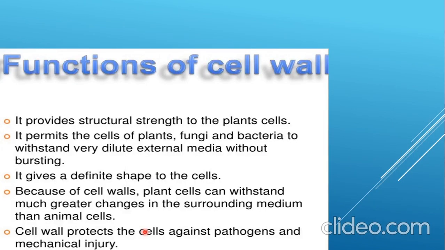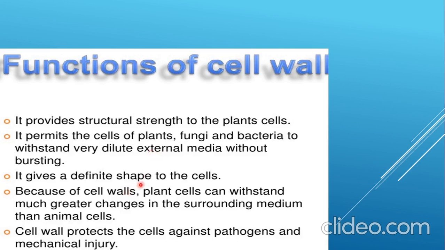Now finally, coming to the functions of the cell wall. The main functions are to provide strength to the plant cells. It helps to protect the cell against external solutions which may be dangerous for it.